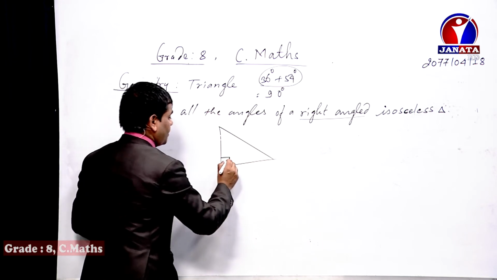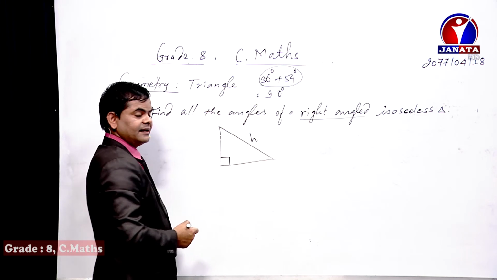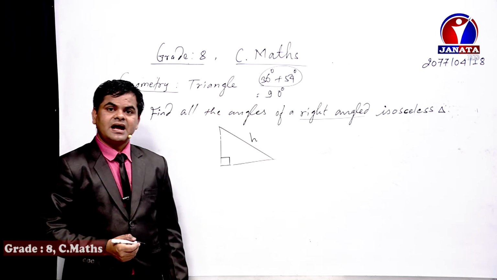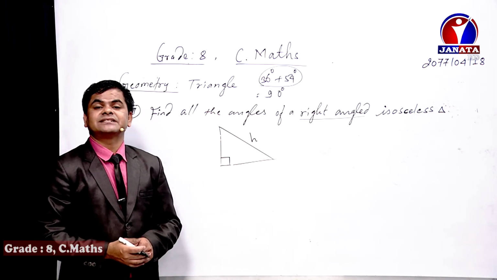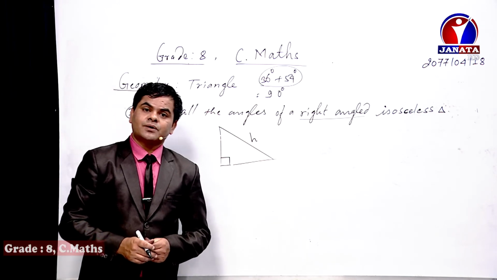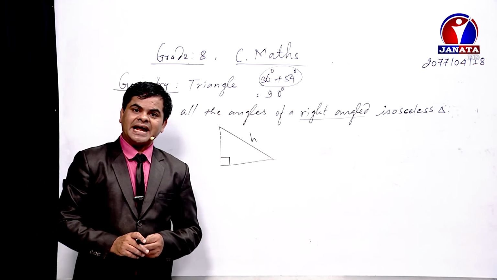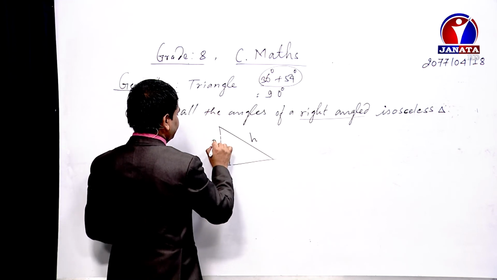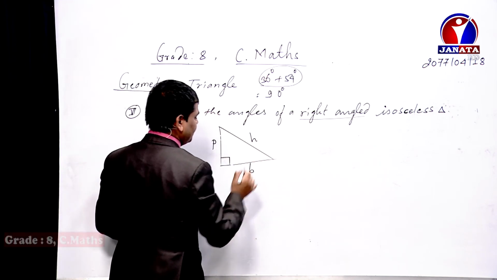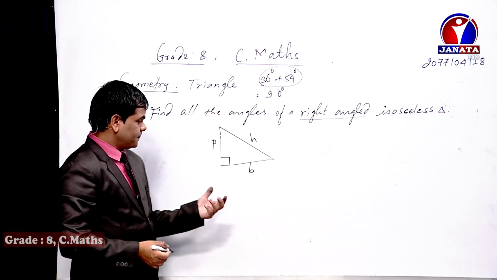And opposite to this one, it is hypotenuse. In a right angle triangle, the side opposite the 90 degree is known as hypotenuse, and for the other remaining sides, until and unless the reference angle is given, we can suppose the vertical line as perpendicular and the horizontal line as base. So as it is vertical line, it becomes perpendicular and this one becomes base, isn't it? Why am I writing this? To revise.